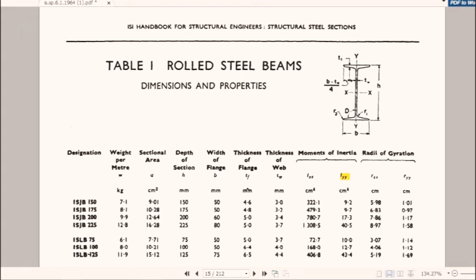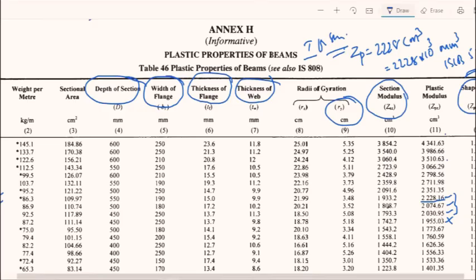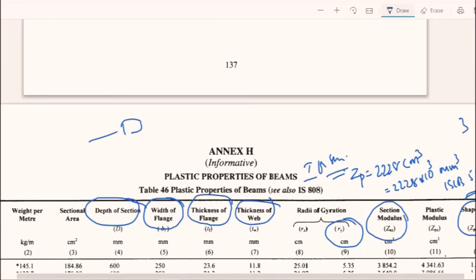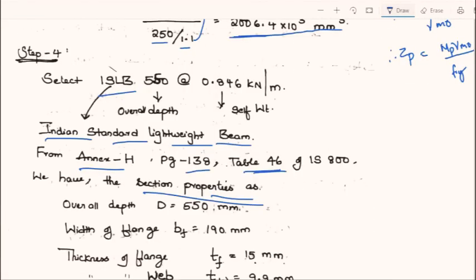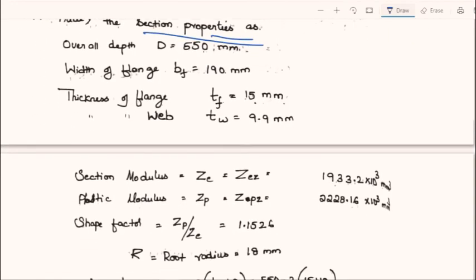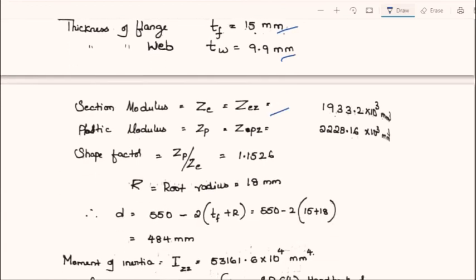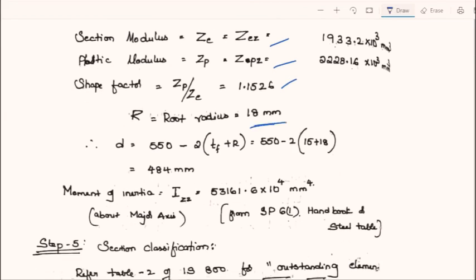When you are solving the problem, the notations can be different. So from the handbook SP 6 or steel tables, you can get all these parameters and shape factor, root radius.